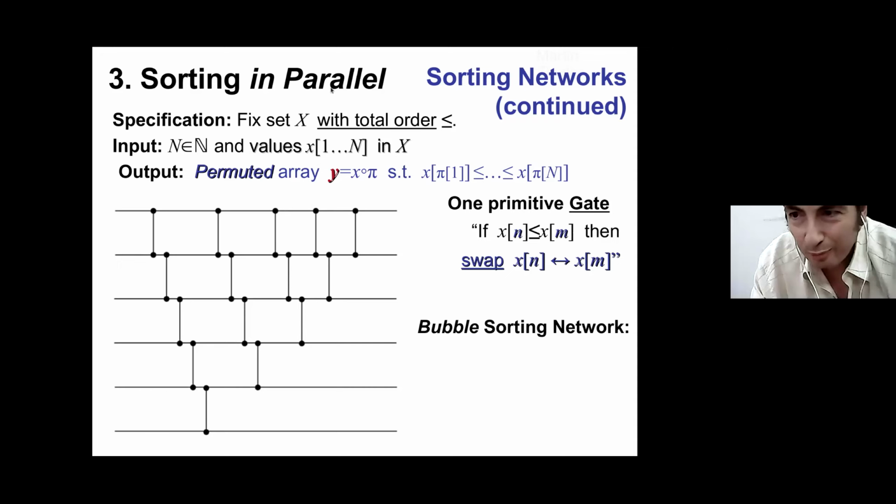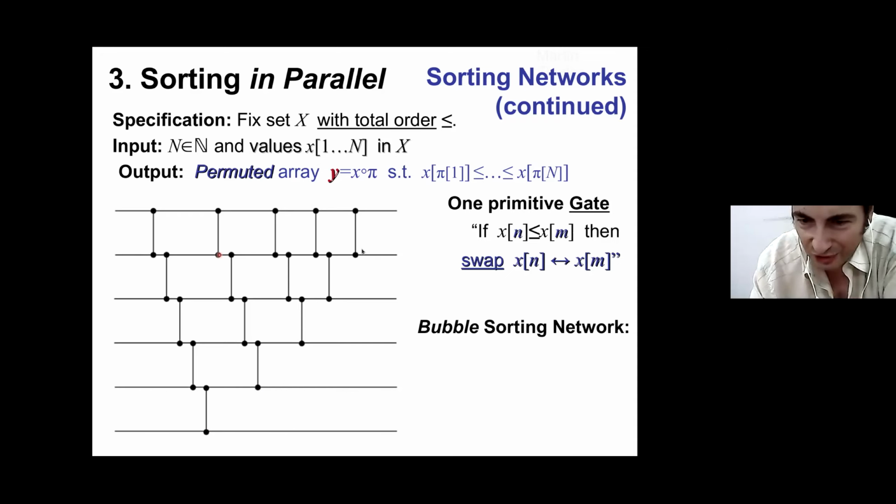So I compare 1 with 2, 2 with 3, 3 with 4, 4 with 5, 5 with 6, and then recursively you decrease the right boundary. At this point, the last element will be the maximum, and then you sort from the right.